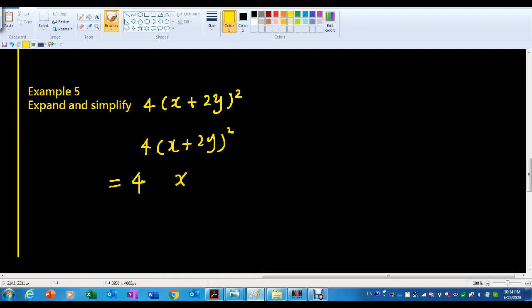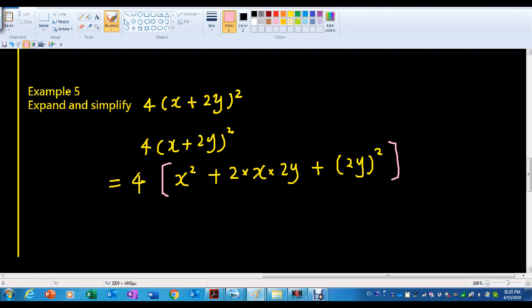That will be x squared, the square of the first term, and you multiply two terms together, you double them, and because that's plus, the middle sign is also plus, and you have a bracket 2y squared. That's the square of the binomial done. But remember there's a 4 outside, so you need to add another bracket, a square bracket, because you have used this bracket.